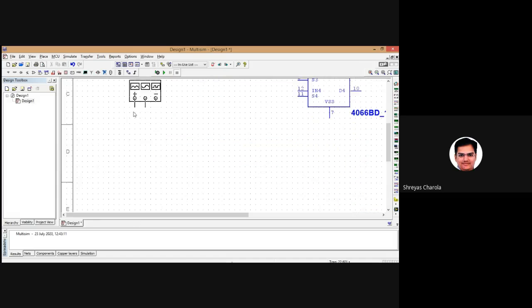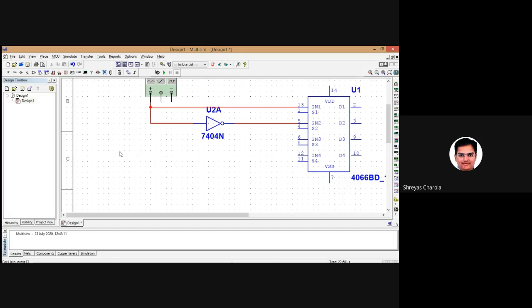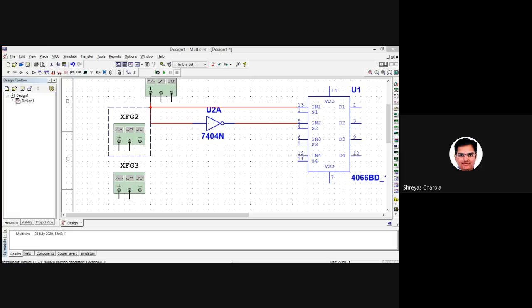I require two function generators, 1 and 2. Let's suppose for this function generator I apply 100 hertz frequency, and for this I'll put 50 hertz. That is F1 and F2.